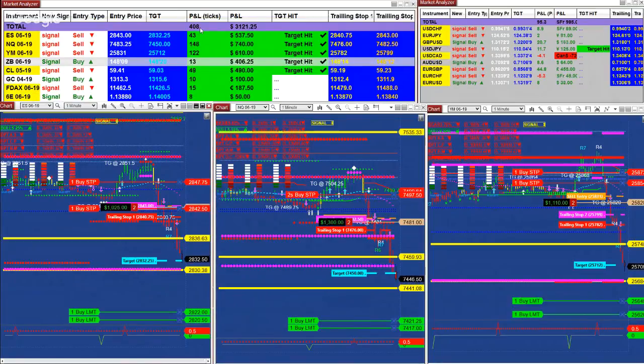That will give us 400 ticks of profit based on one contract and 1 minute.